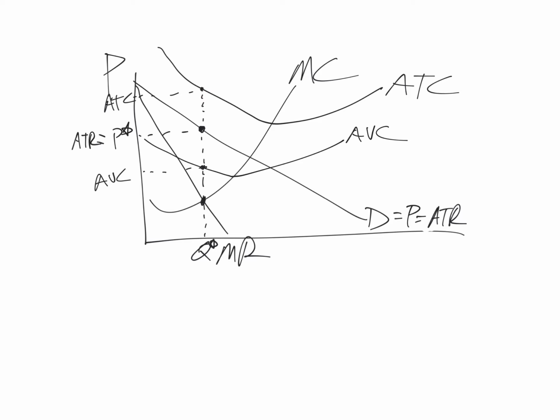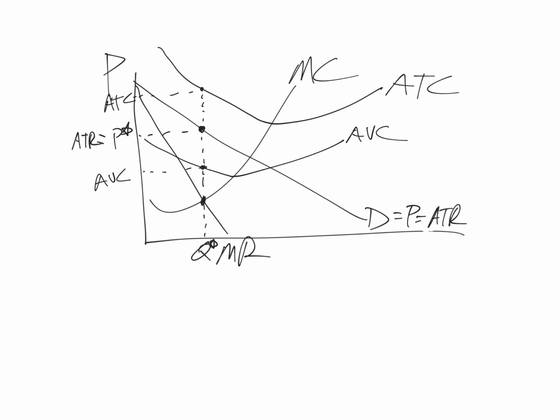Fixed cost on a per unit basis is average total cost minus average variable cost. That gives us average fixed cost. So it'd be this distance. See, this part's no different than perfect competition. This distance is their loss if they shut down. Times it by the number of units, times it by Q, and that's their loss.